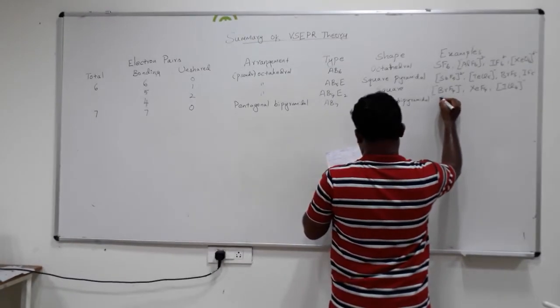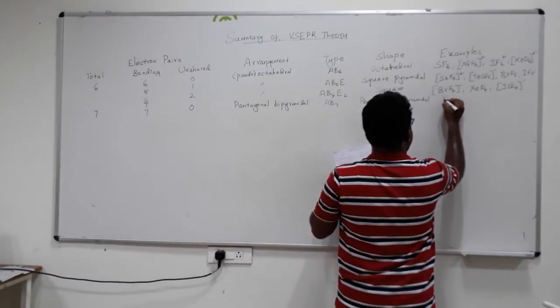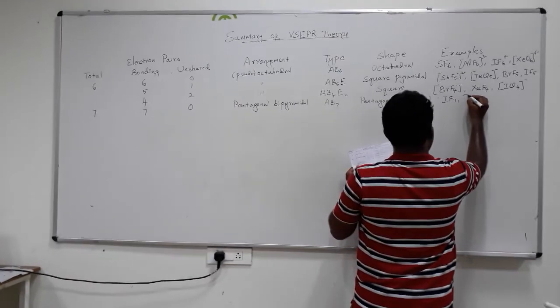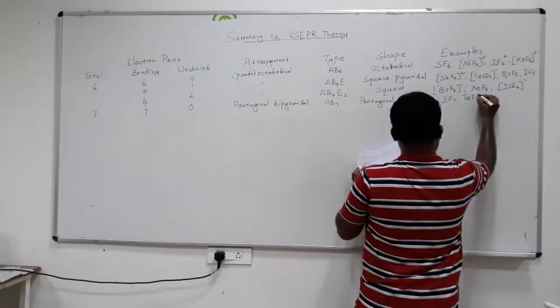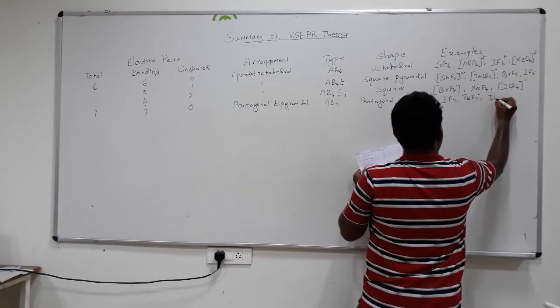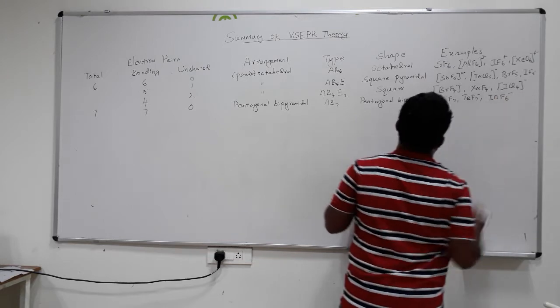Examples: IF7, TeF7 minus, and then IOF6 minus.